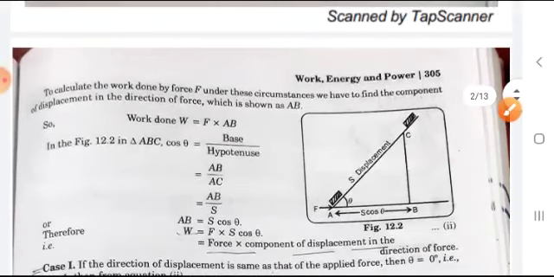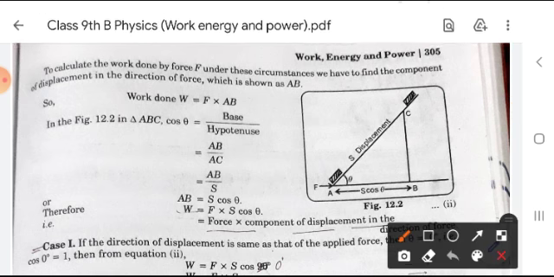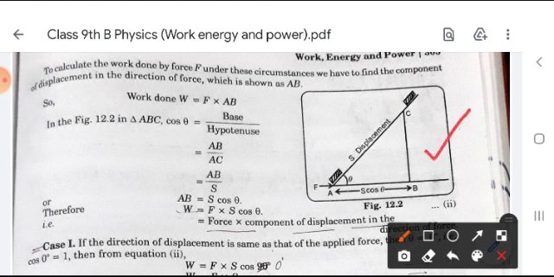So going onwards, for calculating the work done by force F under these circumstances as shown in the picture here, F is horizontally applied and S is the displacement in a slanted or inclined plane that is given here. Then the baseline that is AB here is S cos theta.